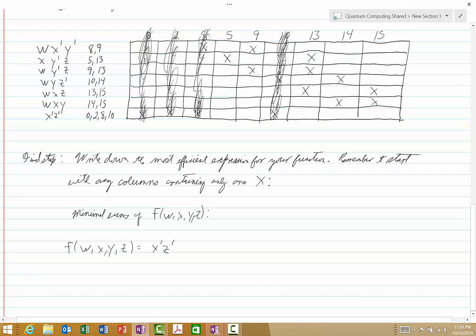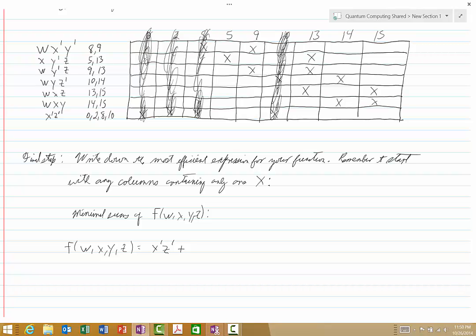And indeed there is, this one. So this tells us that this term, x y prime z, is the only way that we can account for that 5 that is in our original function. So that's the next thing that must be included. By the way, those of you who are familiar with this terminology, these first two terms I'm finding are called the prime implicants.